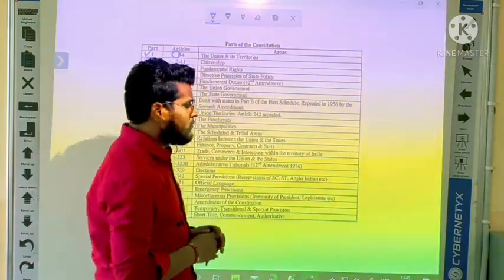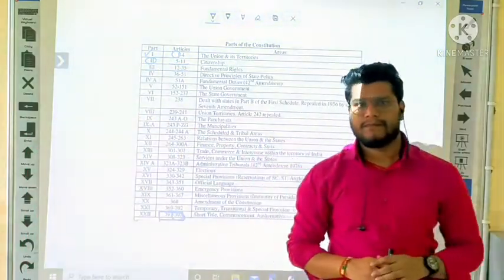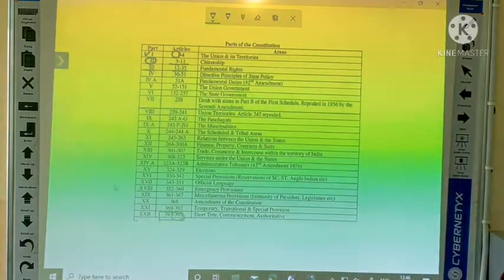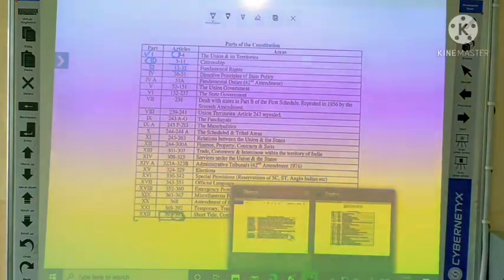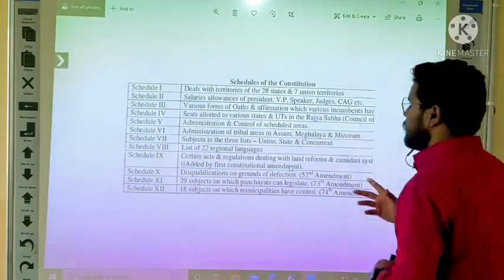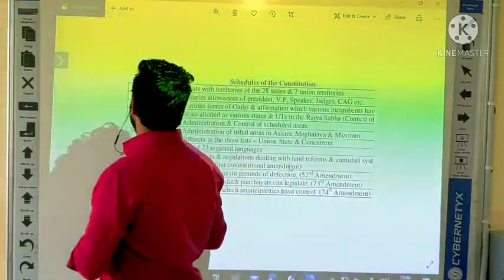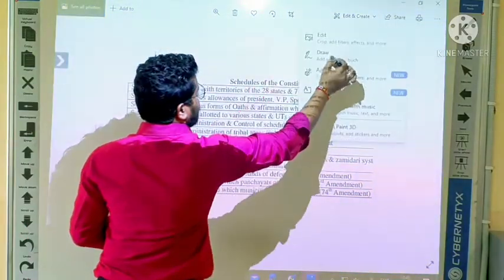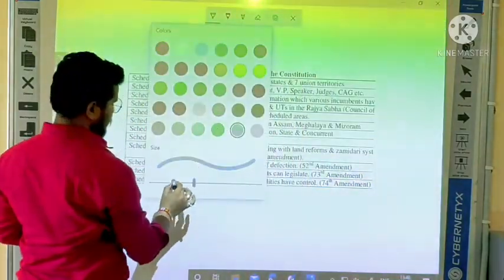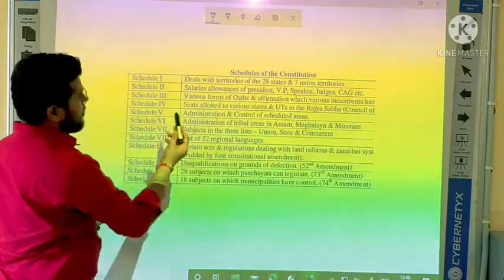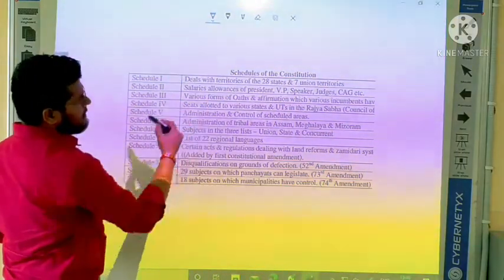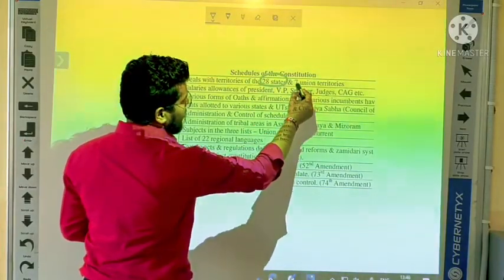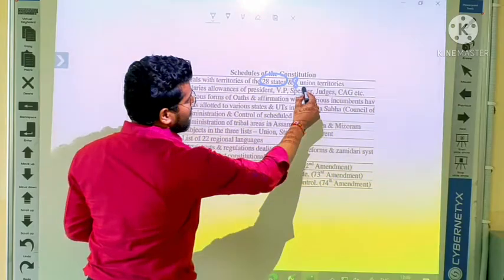Okay. Now let's understand what is a schedule. First of all, take another image. Yes, see this one. Schedule 1 deals with 28 states and, here making a correction, 8 union territories.